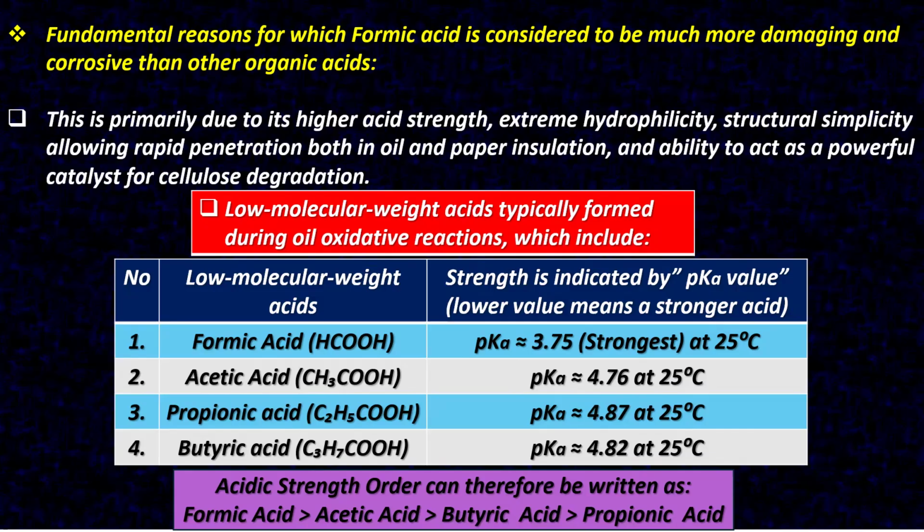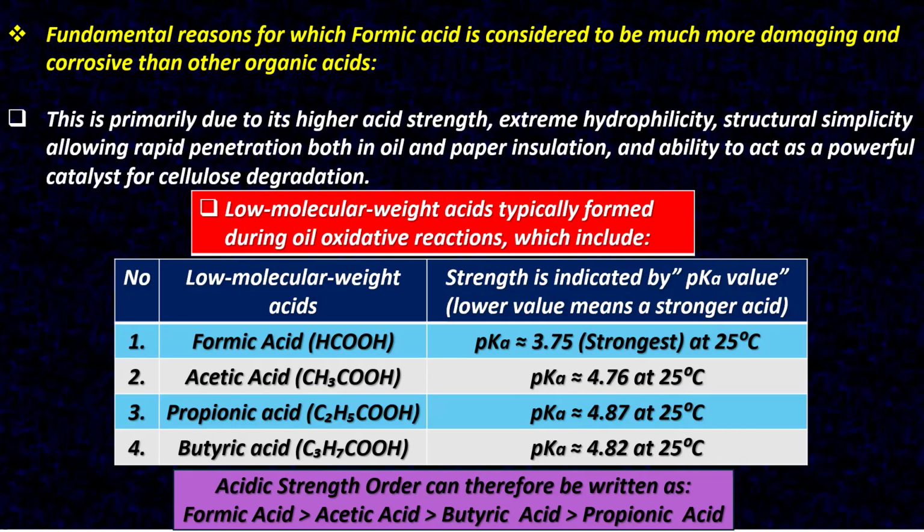Now, the pKa value of formic acid, 3.75, is the strongest at 25 degrees centigrade. That is, a lower value means the stronger acid. Acetic acid pKa value 4.76 at 25 degrees centigrade.